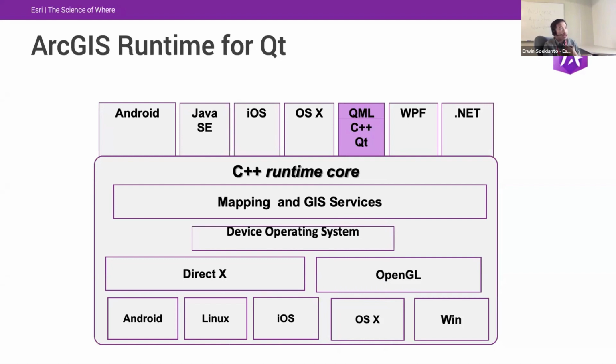The one that we are using is the ArcGIS Runtime for Qt, especially the QML side. So we're bringing that library into AppStudio. I mean, this is an S3 product after all, so most of our customers are building apps with some sort of mapping functionality.